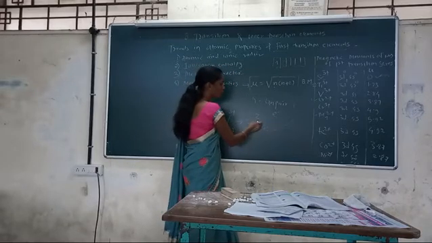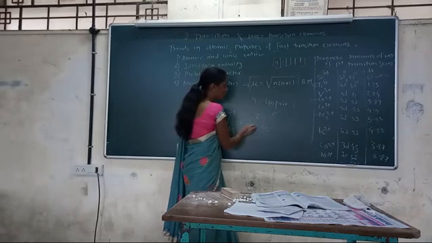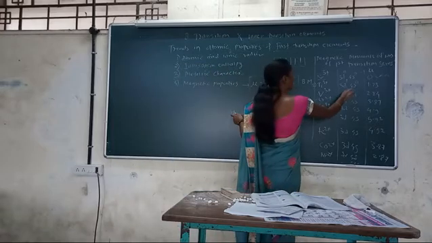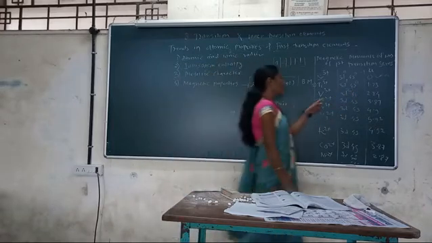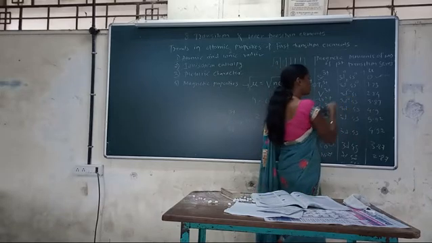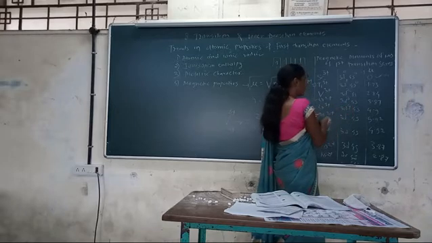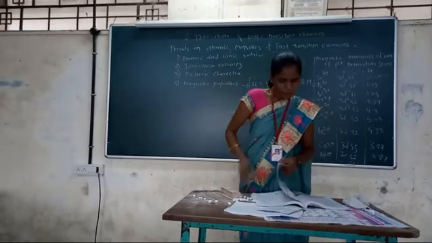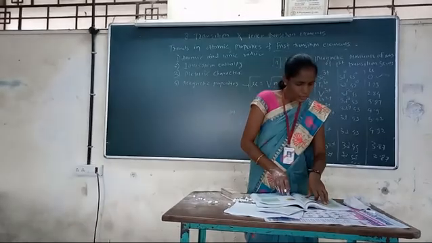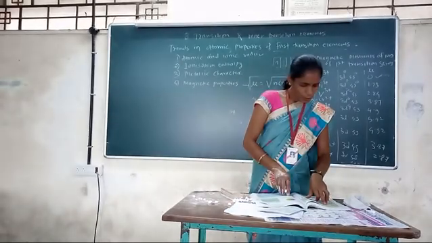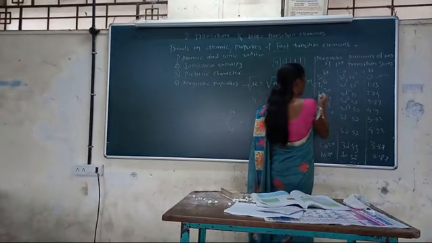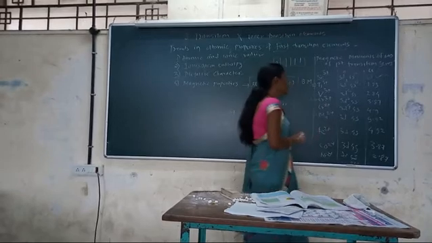So vanadium 3 plus has configuration 3d2. Chromium 3 plus has configuration 3d3, and chromium 2 plus has configuration 3d4.